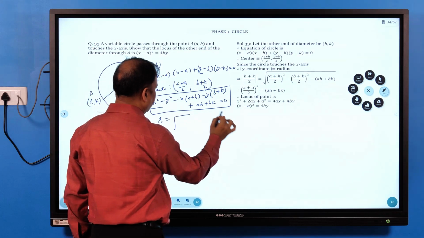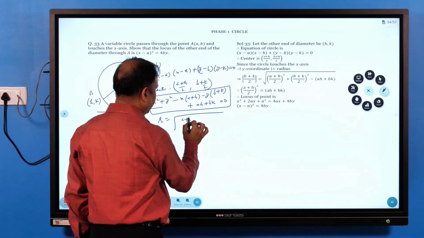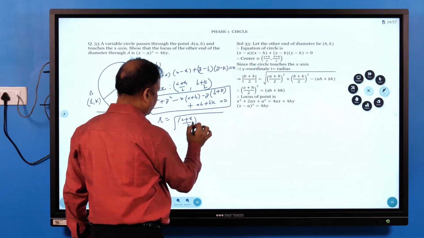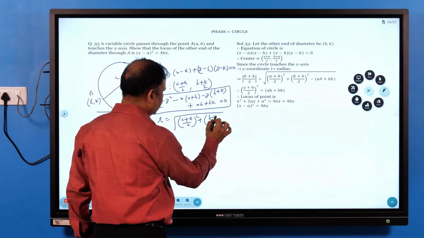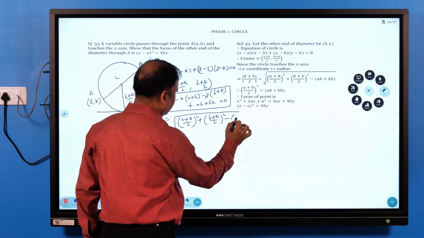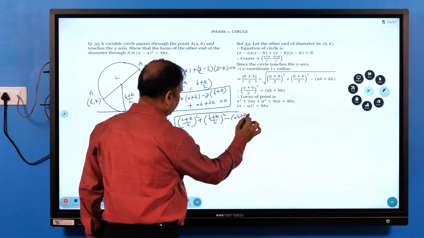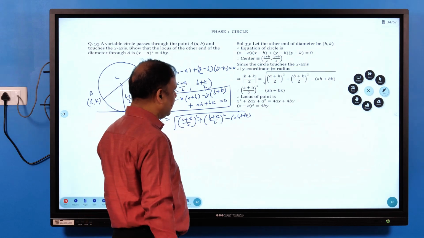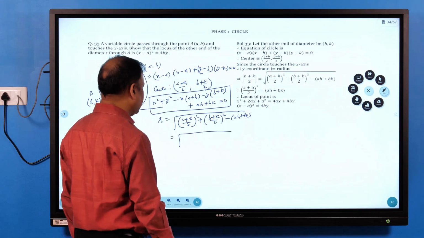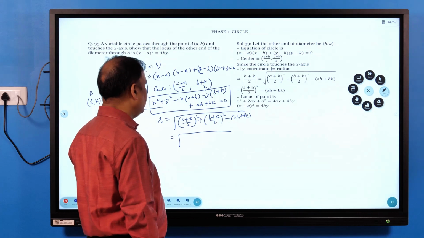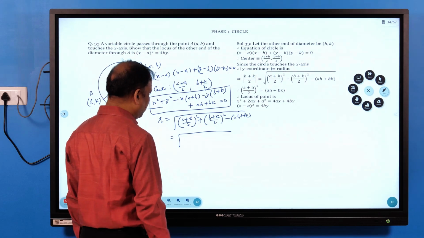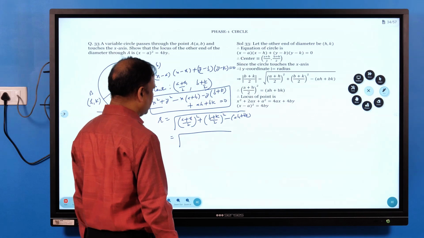Radius will be the square root of ((a plus h) upon 2) whole square plus ((b plus k) upon 2) whole square minus c. c is ah plus bk. So 2ah plus 2bk will cancel out. If you expand, this will be (a plus h) whole square, 4 will come, so a square plus h square.